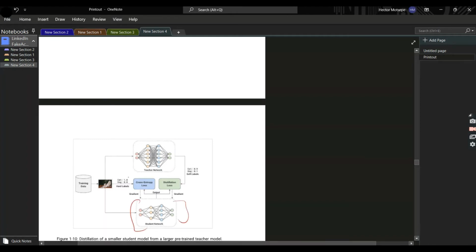Essentially, the small model makes predictions on the labels, and the teacher also makes predictions on them. Then this model has to learn from the teacher and also from the training data, which means it's going to have two loss functions. Then we propagate using the gradient from the distillation loss and the cross-entropy loss. So you might be asking yourself, why are we doing this?